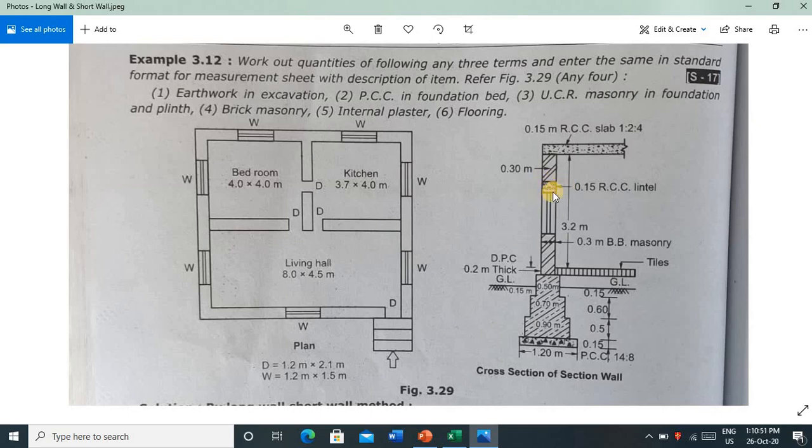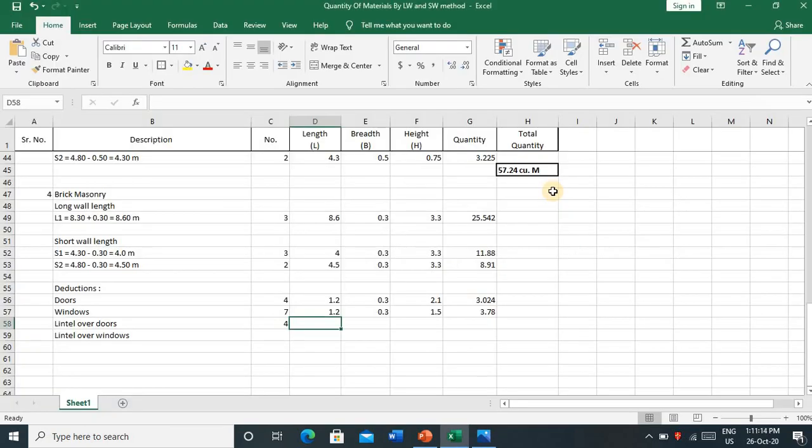If you know what is lintel and what is the work, you have studied it in BCO and also maybe you have drawn it in the building drawing. You know the lintel part is extra wider than the length of the door, so of course we need to add 0.15 at both the sides to get the length of lintel. So 1.20 is the length of door, we will add 0.15 at each side, so the total length will be 1.50.